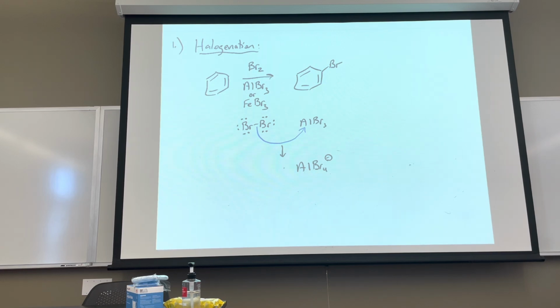And then what's left is more important. What you're left with, if you lose Br minus from Br2, is Br plus. So if you think about that for a minute, halogens are very electronegative atoms in general.